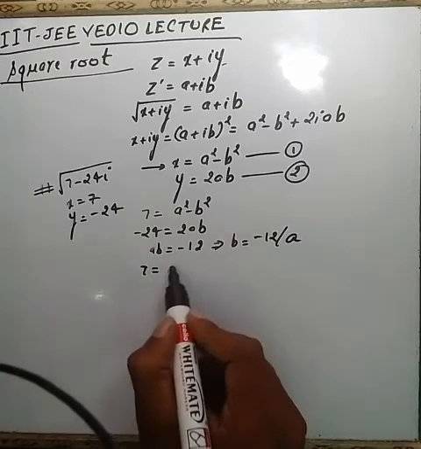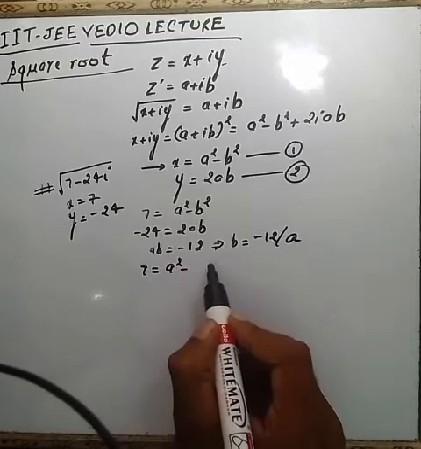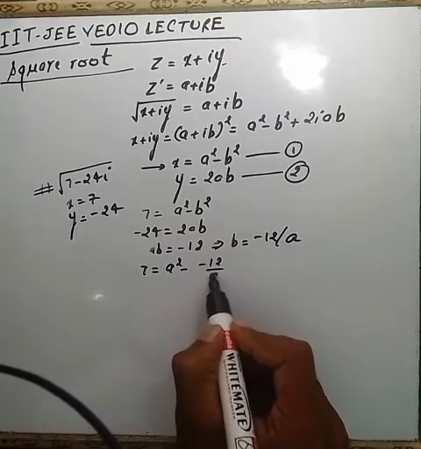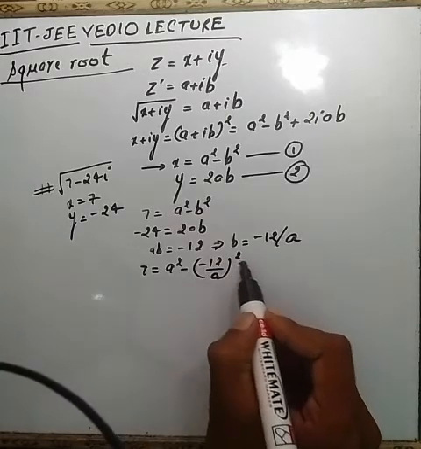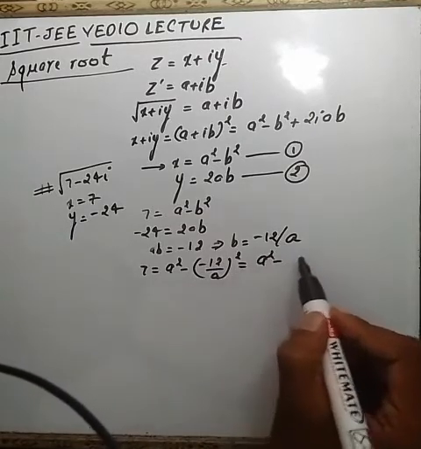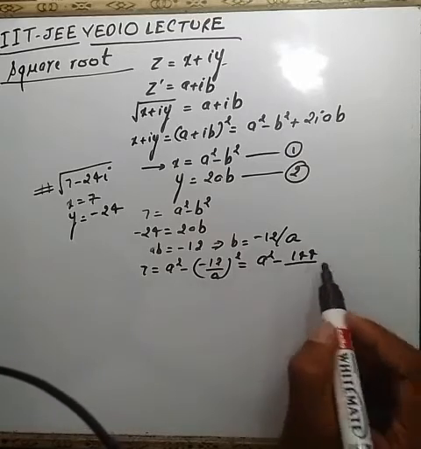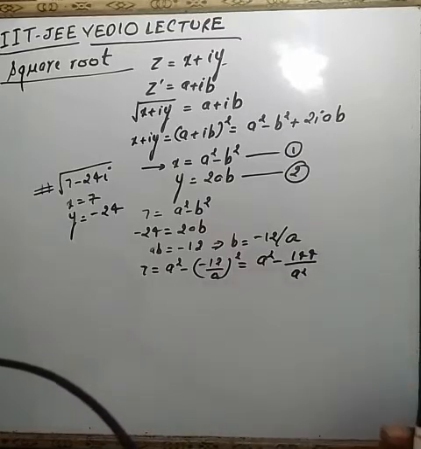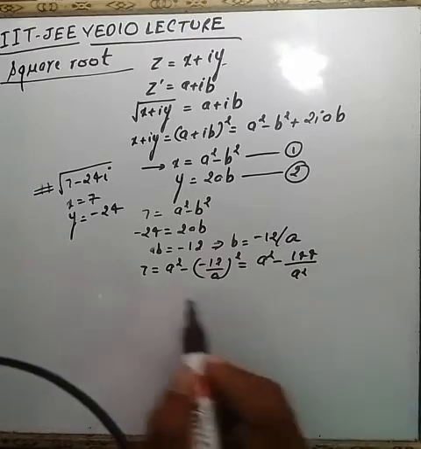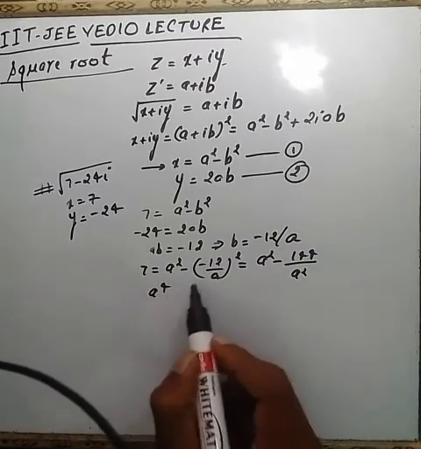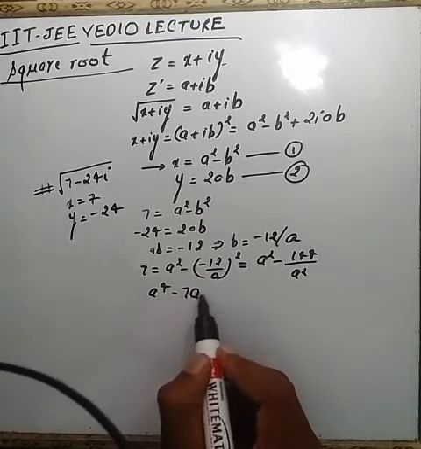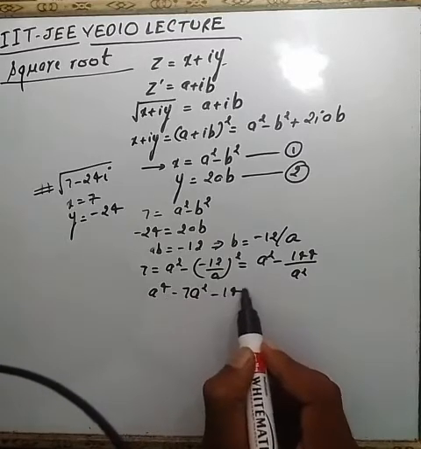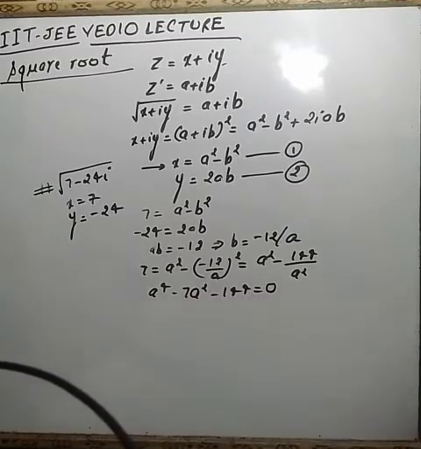So 7 equals a square minus (12 upon a) whole square, so a square minus 144 upon a square. Okay, so a to the power 4 minus 7a square minus 144 equals 0.